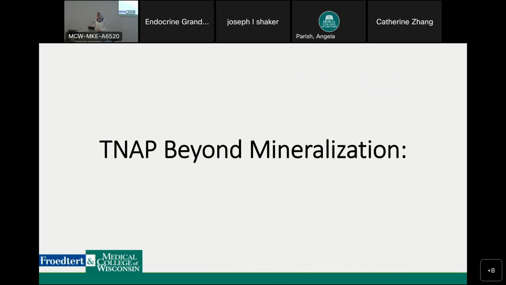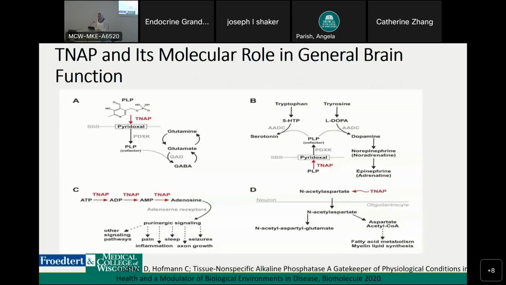Alkaline phosphatase also has other important functions. One of them is that it's involved in the metabolism of vitamin B6. In turn, vitamin B6 is involved in the formation of multiple neurotransmitters, including GABA and adenosine. Vitamin B6 is transported in the blood in the form of pyridoxal 5-phosphate, which is PLP. For pyridoxal 5-phosphate to cross the blood-brain barrier, it needs to be dephosphorylated to pyridoxal.